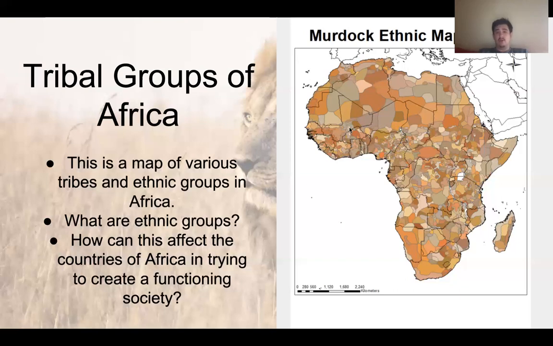And that's partially why you hear a lot about civil war and other problems in Africa, because a lot of these tribal groups, these ethnic groups, haven't been able to put aside their differences to run their country. So that's why you see a lot of times there are civil wars in Africa, coups, that kind of thing, because a lot of these ethnic groups haven't been able to get along in a sense.